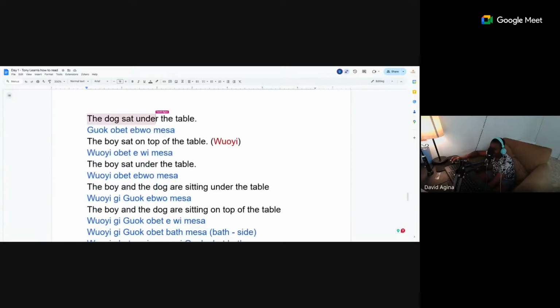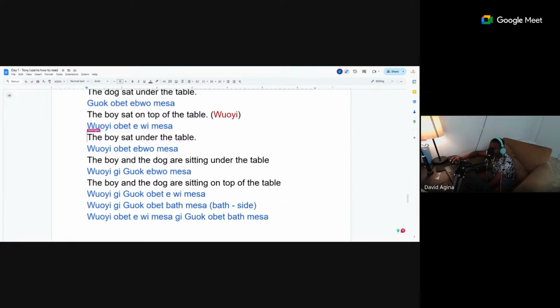The dog sat under the table. Guok obet ebo mesa. The boy sat on top of the table. Woi obet we mesa. The boy sat under the table. Woi obet ebo mesa. The boy and the dog are sitting under the table. Woi gi guok ebo mesa.